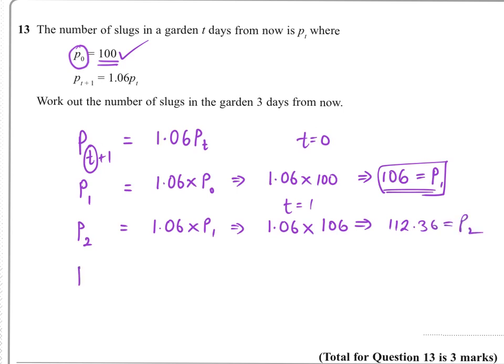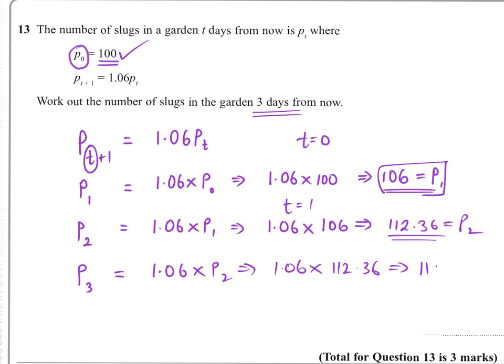And then P3, where T is 3 days from now, will be 1.06 times P2, which is 1.06 times this value here, and times that by 1.06, and that gives me 119.1016. But as it wants the number of slugs, I'll go to the nearest whole slug, and that would be 119 slugs.